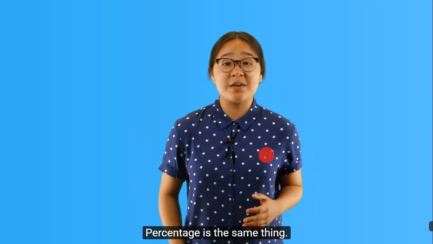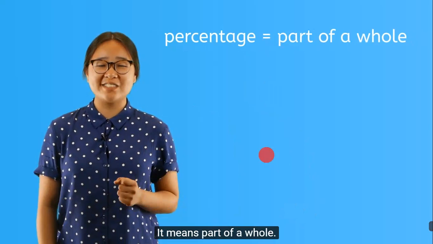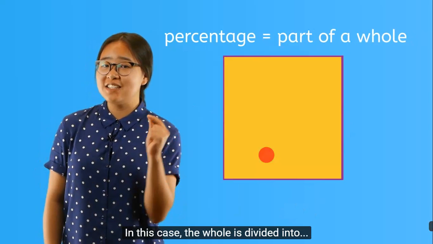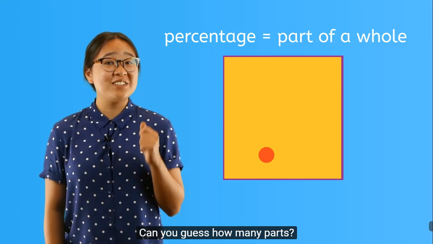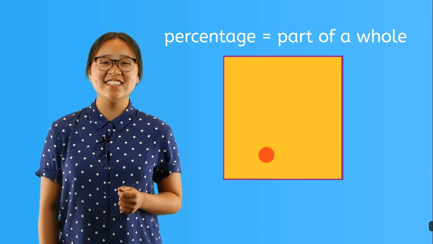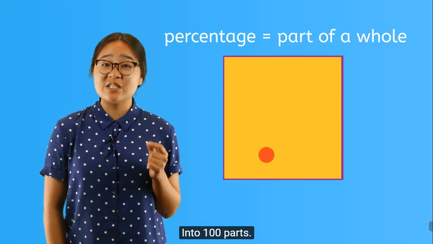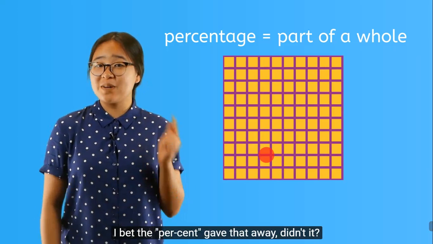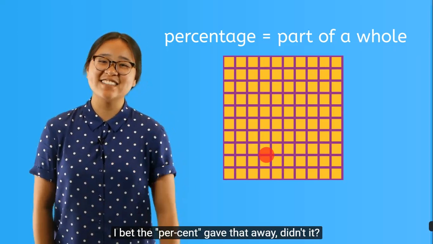Percentage is the same thing. It means part of a whole. In this case, the whole is divided into... Can you guess how many parts? That's right, into 100 parts. I bet the percent gave that away, didn't it?